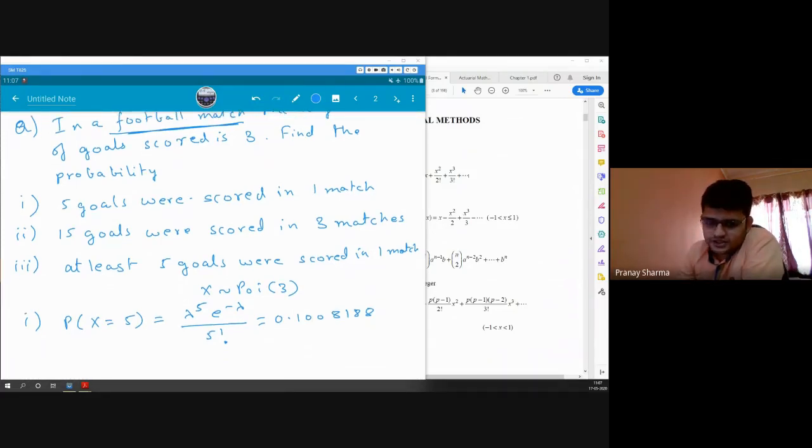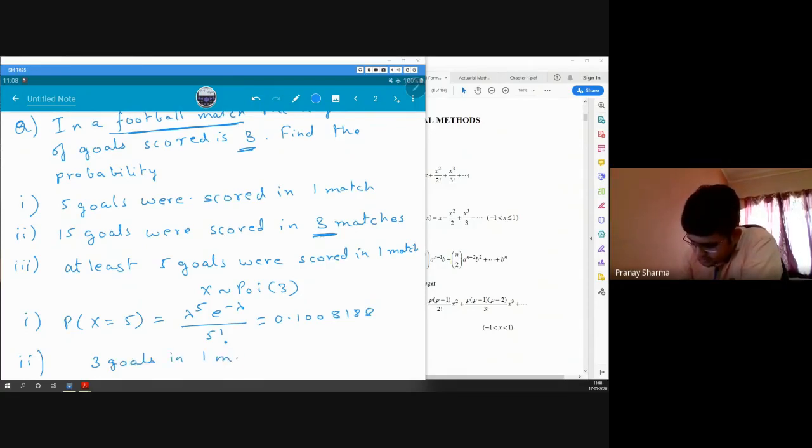Now let's calculate our second. Now whenever we have such values where, see here, instead of calculating in one time period, we have to calculate in 3 time periods. Whenever we have multiple time periods, what we do is we just multiply it with our lambda. So if we score 3 goals in one match, then in 3 matches averagely we'll score 9 goals.